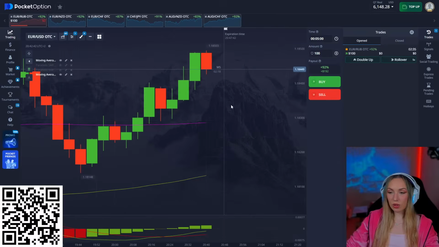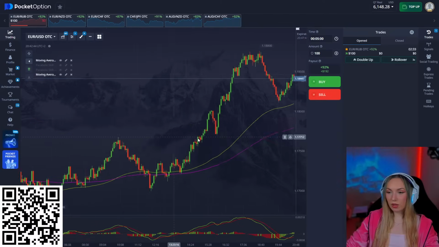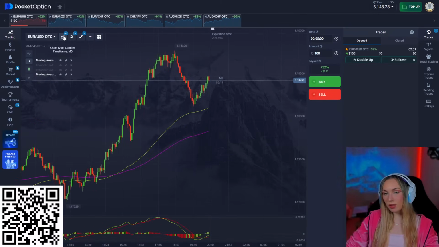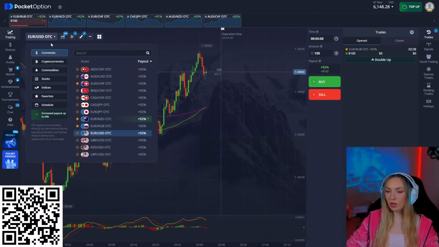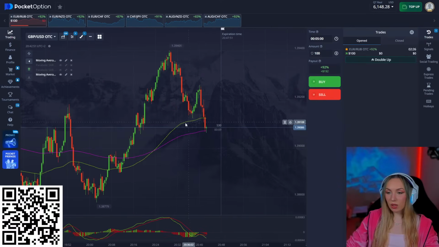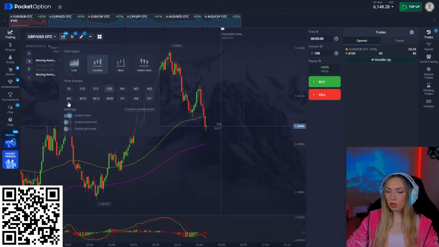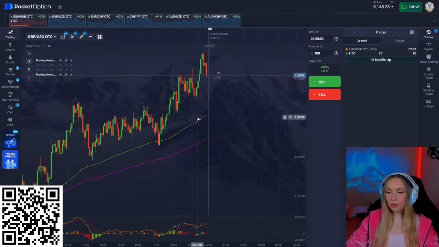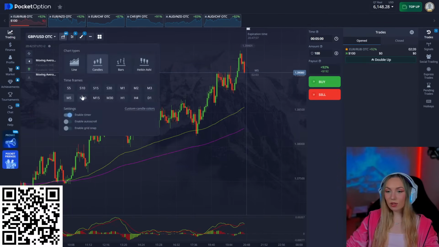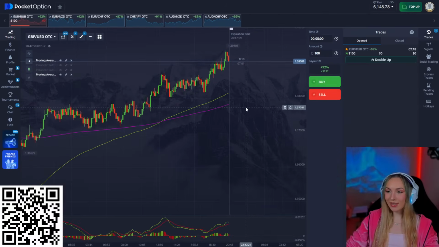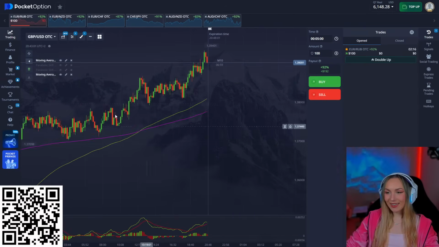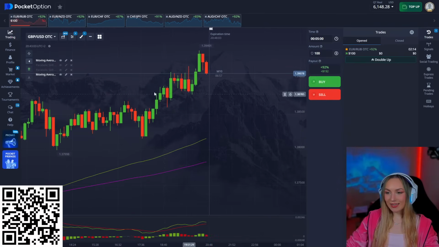Let's check Euro Dollar, actually one of my favorite charts, but I don't see any clear structure. We are just looking for clear structures. A reminder for you, we are clear structure hunters. And it's so difficult to find it.